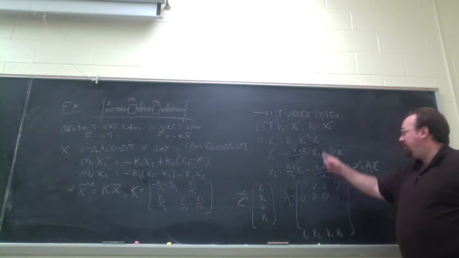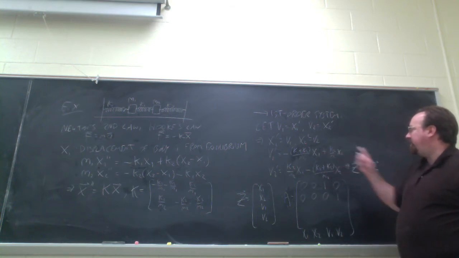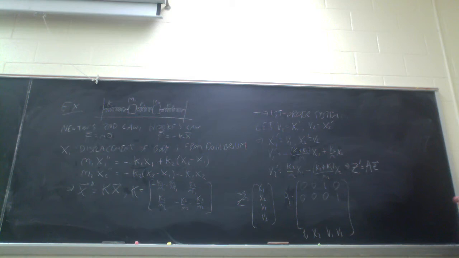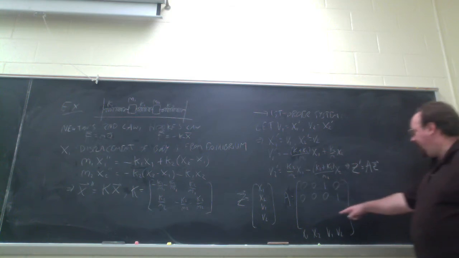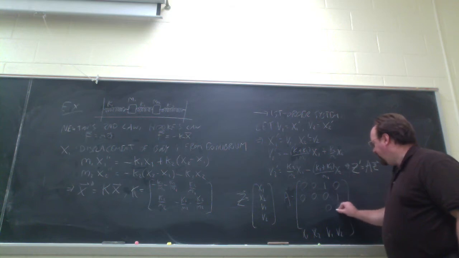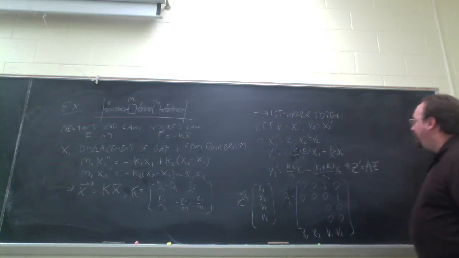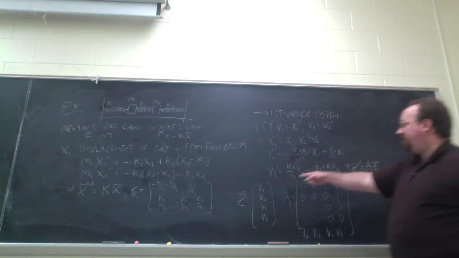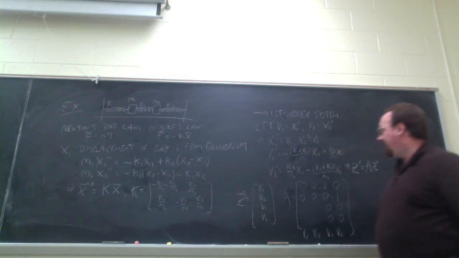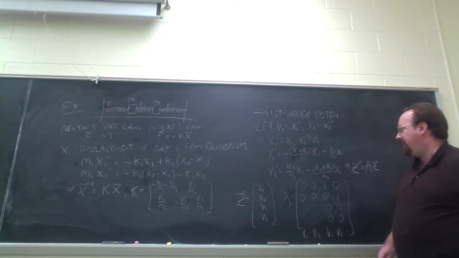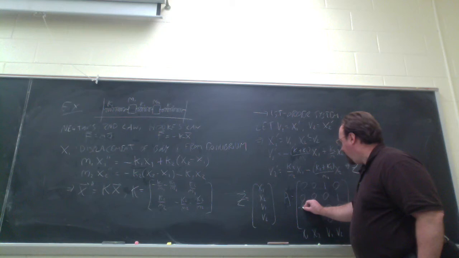And for the third and fourth equations, I have something times x1 and something times x2. I don't have v1 or v2 at all in there. So over here, I'm not going to have anything. So then these entries, actually this exact same matrix is what goes down here. So I can fill that in.